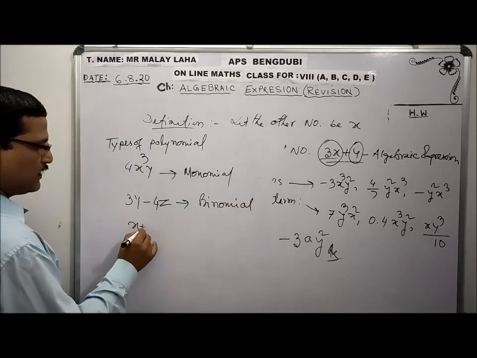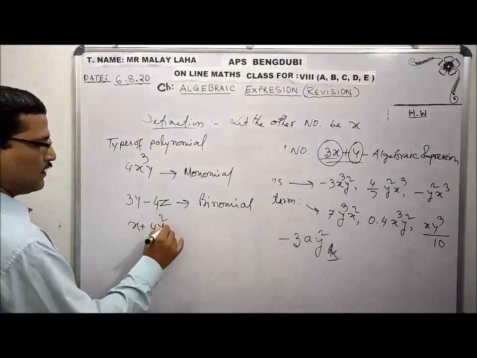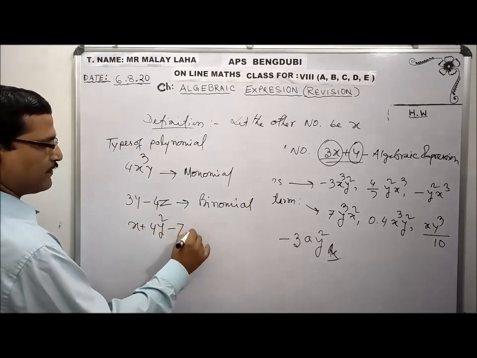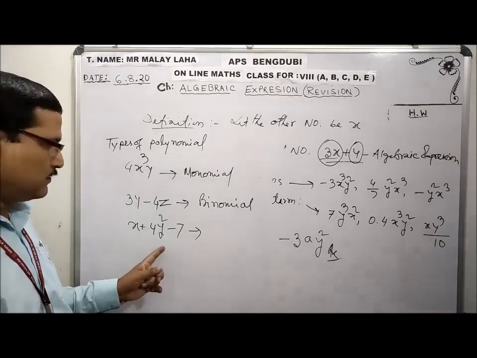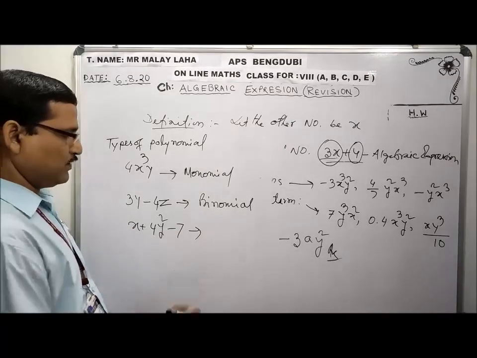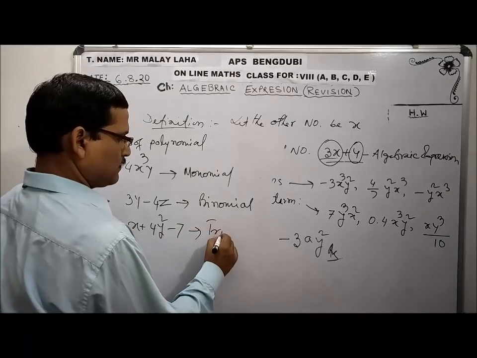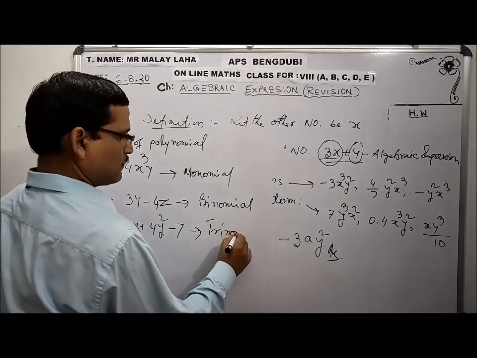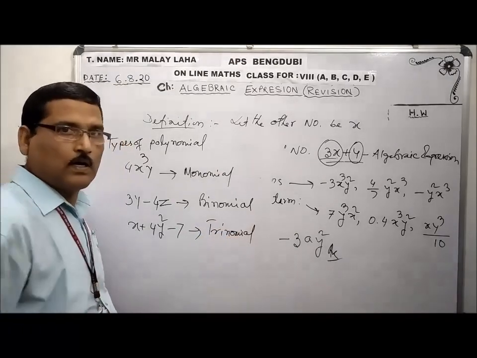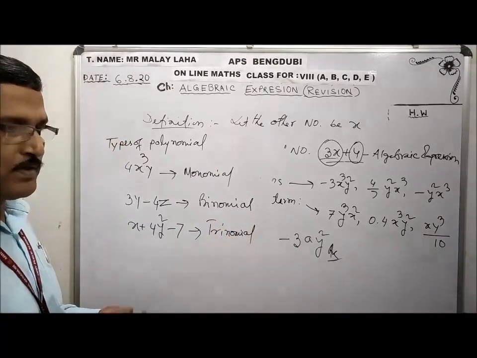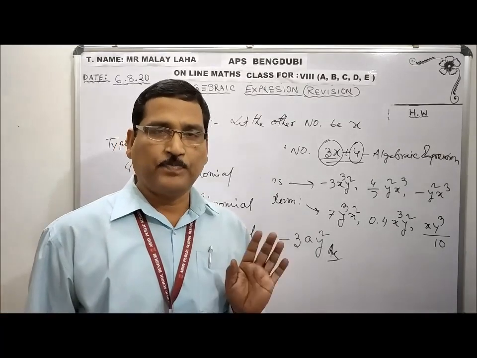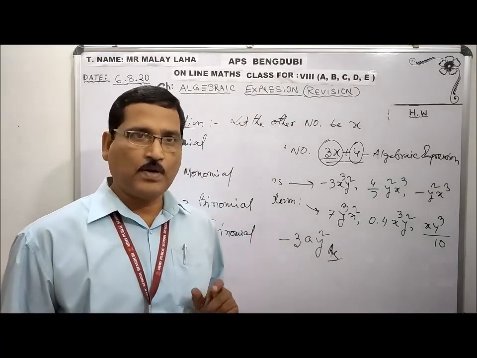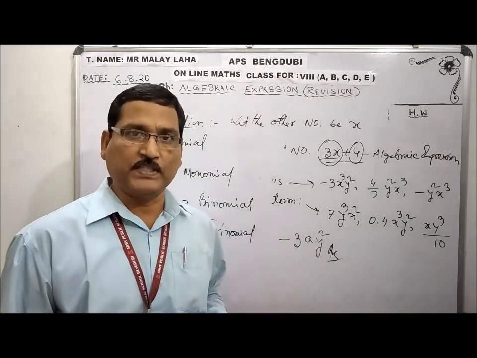So x plus 4y square minus 7. How many terms are here? 1, 2, 3. Trinomial. Understood? 3 terms, trinomial. 4 terms, quadrinomial. Okay, pentanomial. This way it will proceed.